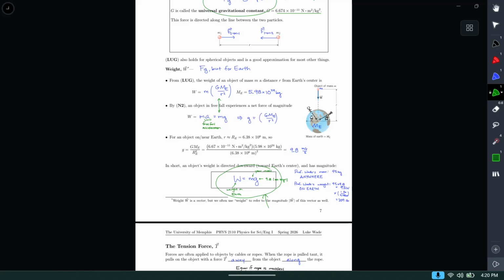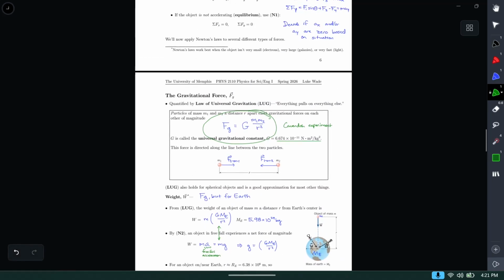Another question, though, which is relevant for the satellite part of this, is what is the difference between big G and little g? Big G is a thing that tells you about the gravitational force between any 2 things in the universe. Any.